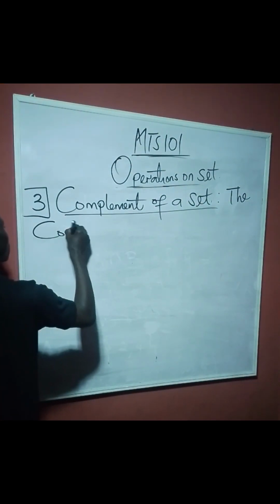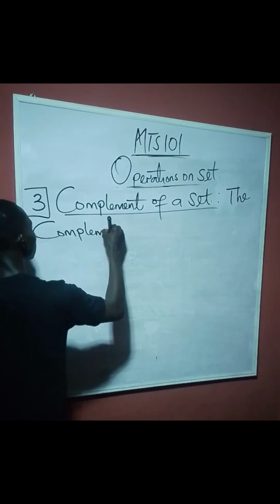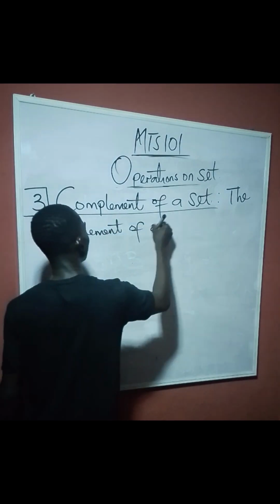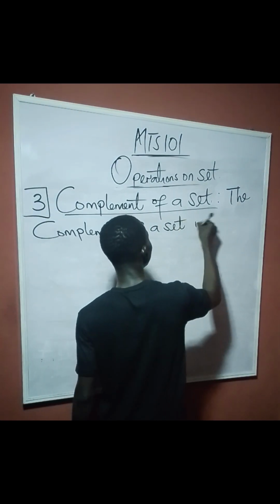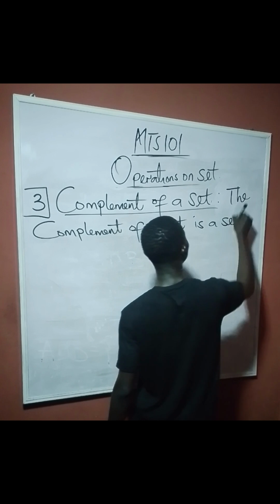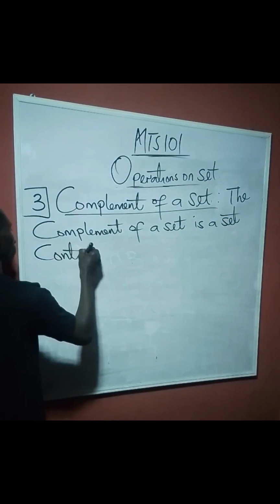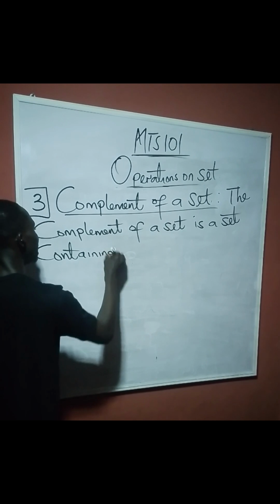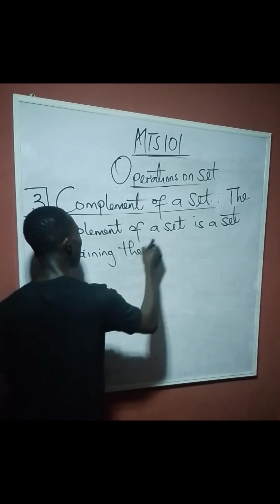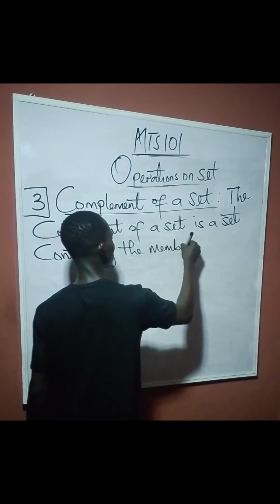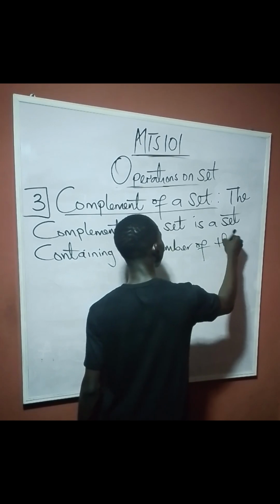The complement of a set is a set containing the members of the universal set.